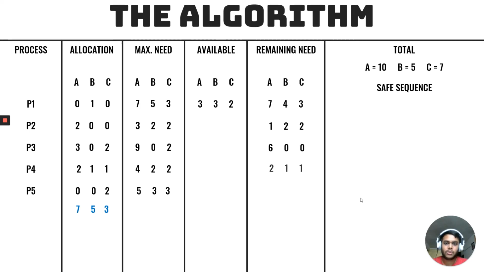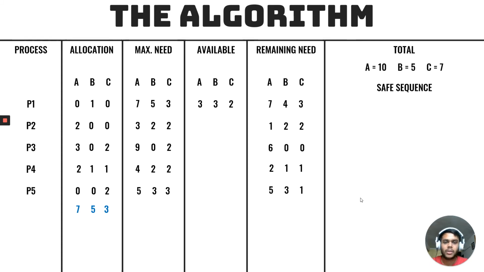We'll find this out for the rest of processes, and now we'll check if the current available amount of resources can fulfill the remaining need of each of the process, one by one.